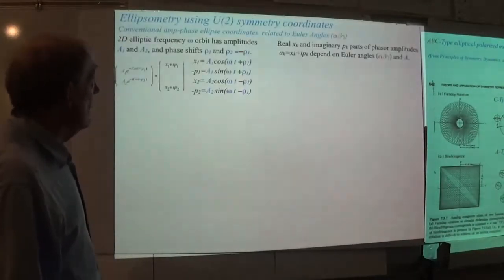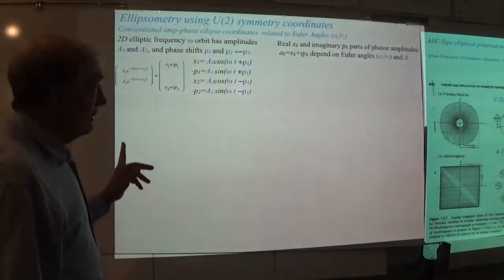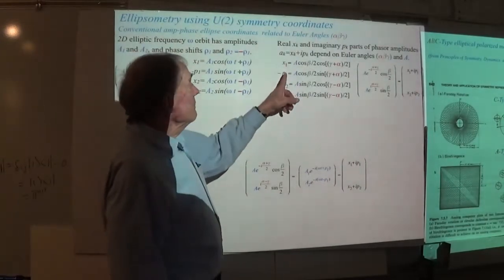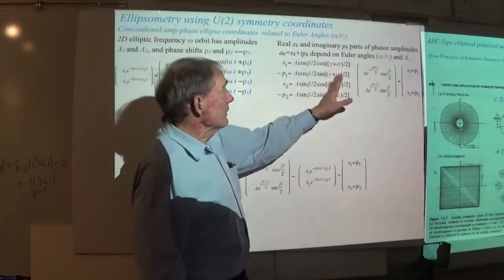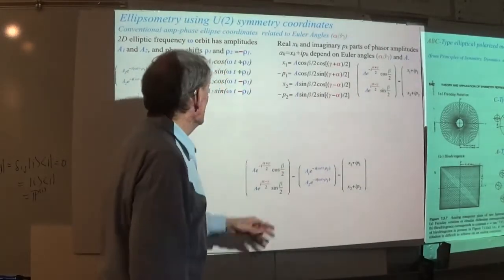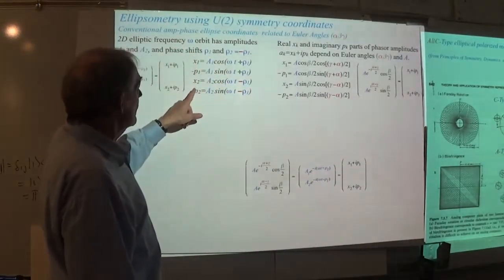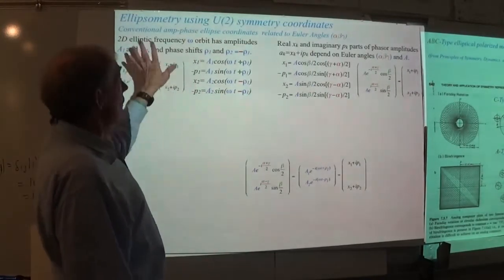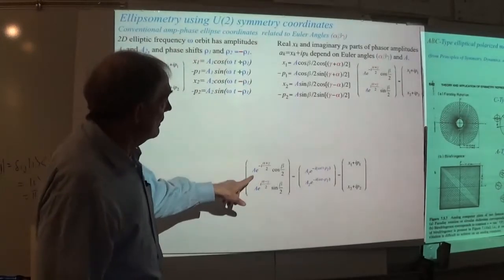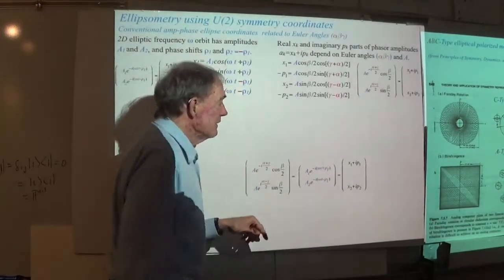Okay, now, I want to turn this into Euler angles. Okay? Here's my x1, p1, x2, p2 that we calculated the very first thing today. And here's x1, p1, x2, and p2 from the rudimentary phase thing. So we're basically equating this to that.